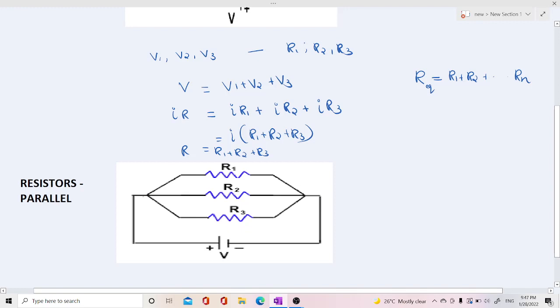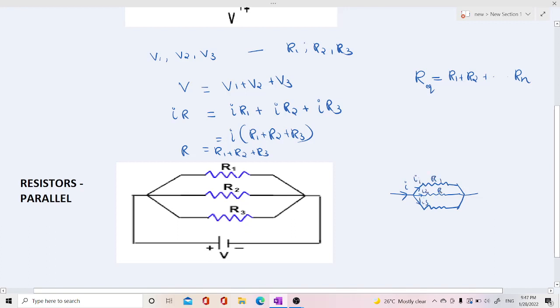Different paths. Here you can see a junction, these two ends there is a junction, and current will flow like I1, I2, I3, which means if we connect these resistors in parallel, you can see three resistors are connected in parallel, and here one junction is there, so current will split I1, I2, I3.